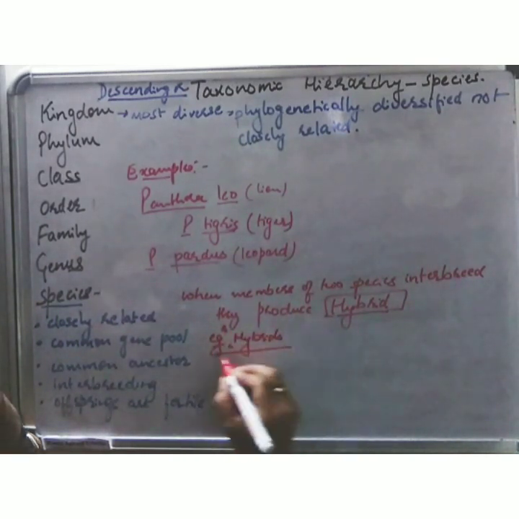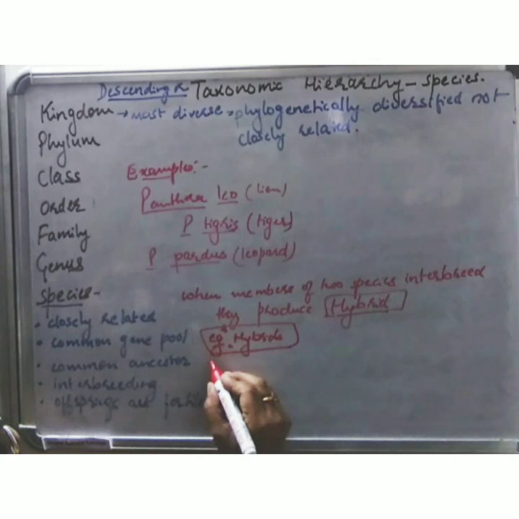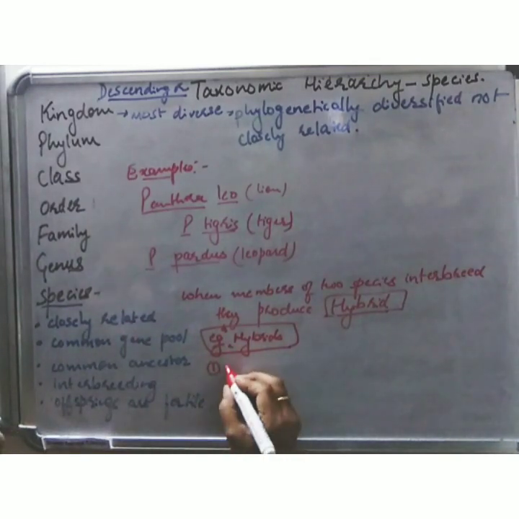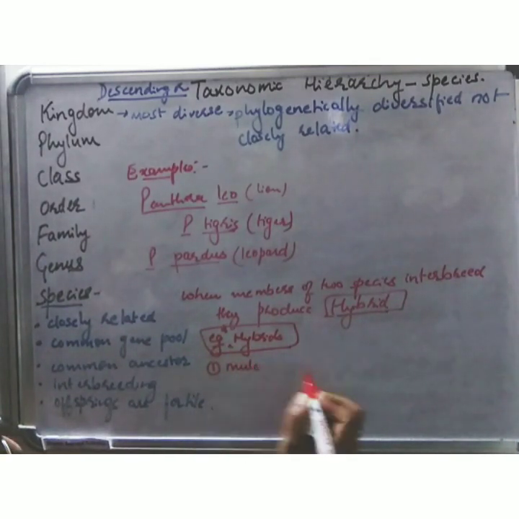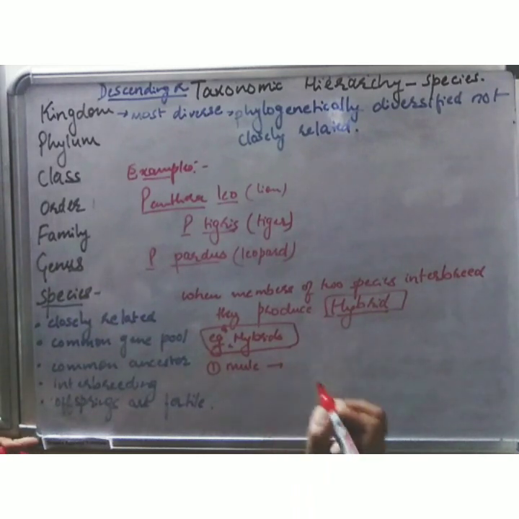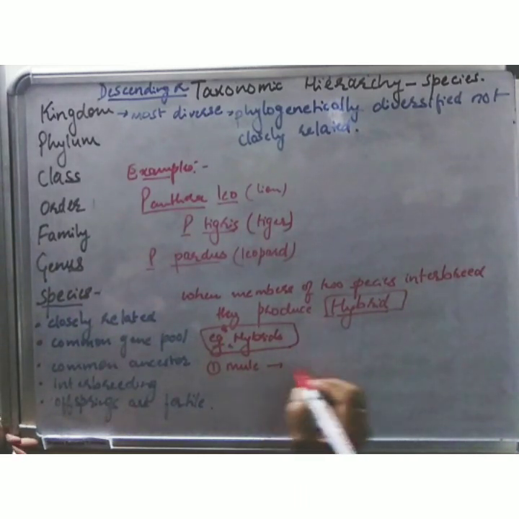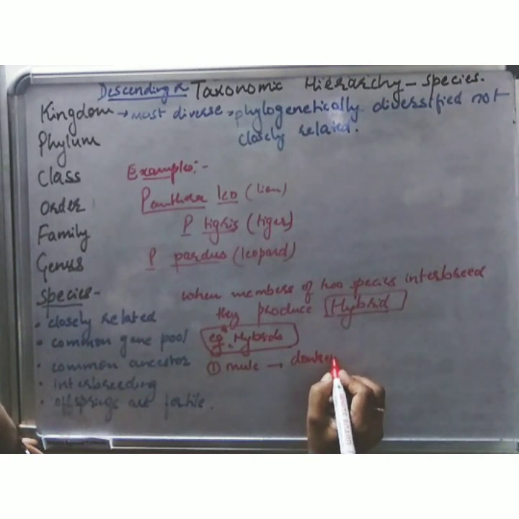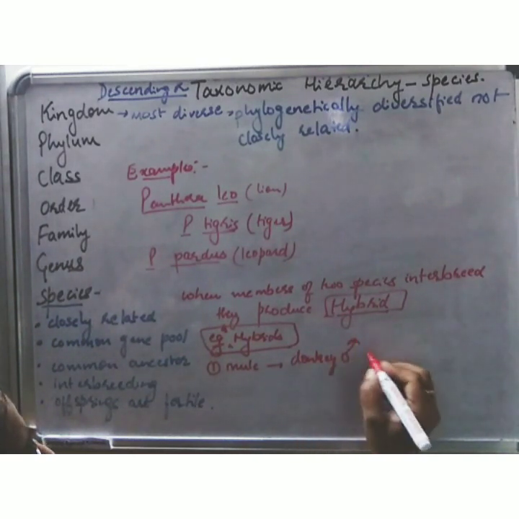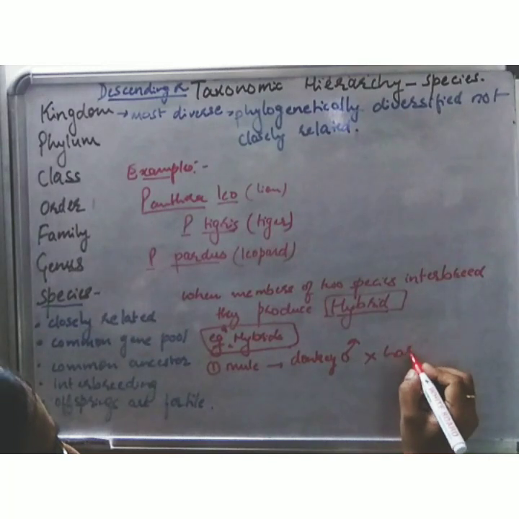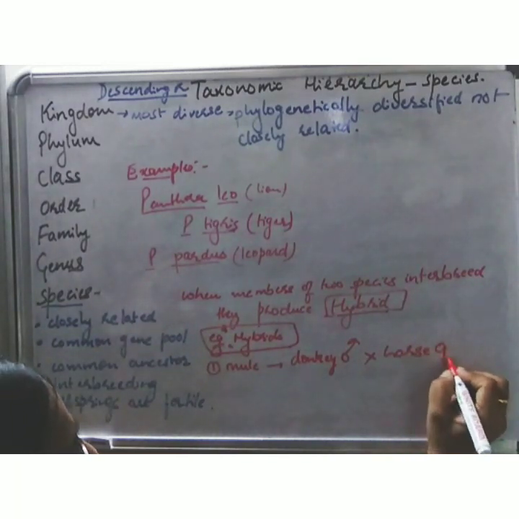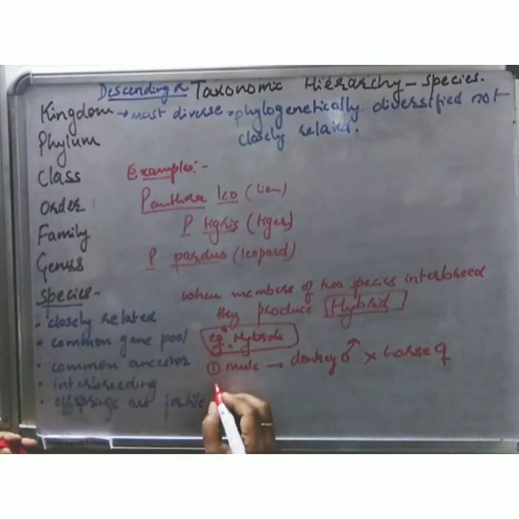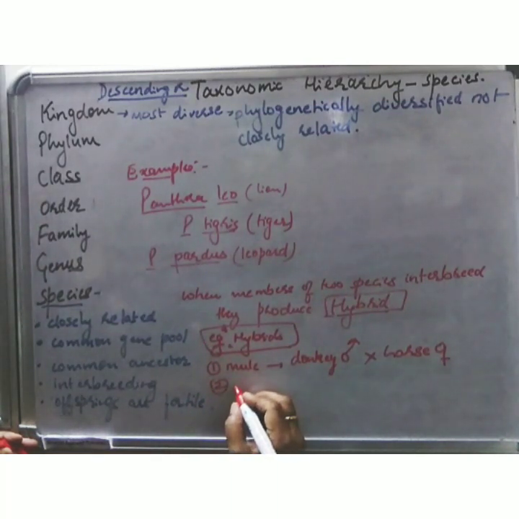Examples of hybrids. One is a mule. Mule is a hybrid of a cross between a male donkey and a female horse. Another one we can take is Jenny.